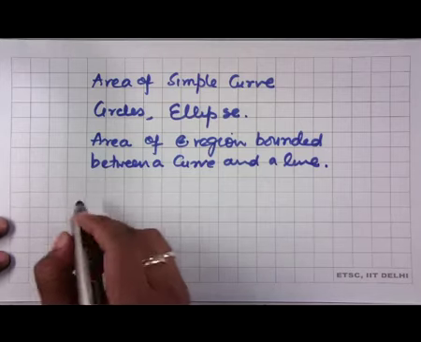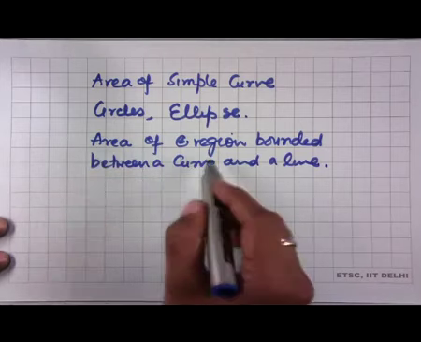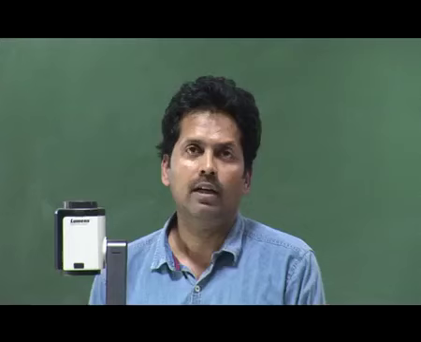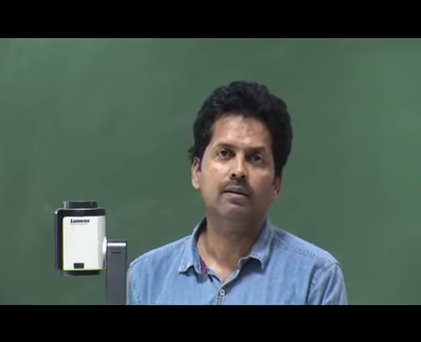Some more problems are left in this category, where we are looking for the area of a region bounded between a curve and a line, and more complicated examples will be taken in further classes.